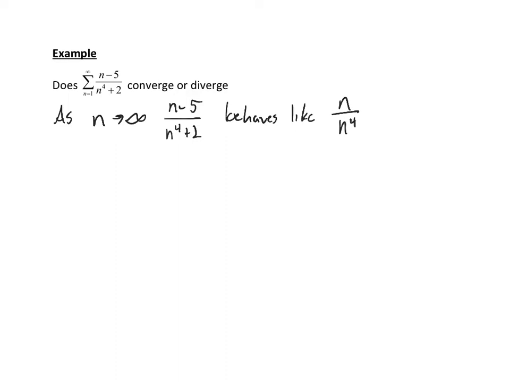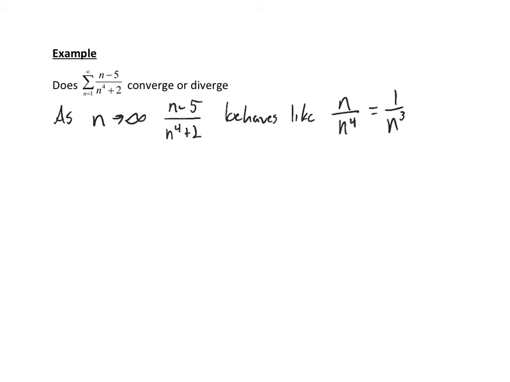And so n over n to the 4th is really what? 1 over n cubed. So as n approaches infinity and becomes extremely large, the minus 5 and plus 2 really don't matter, and you'd have n over n to the 4th, which is really like 1 over n cubed.